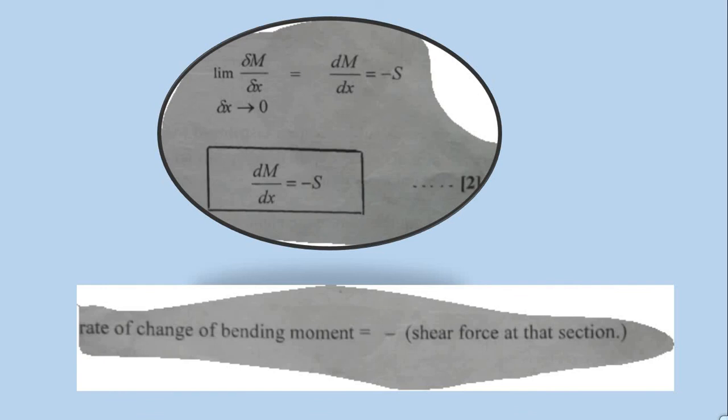If you can't understand this lesson, you can understand by doing examples I'm going to teach you in the next videos. So let's again consider this dM over dx is equal to minus S. We can differentiate this dM over dx again by x.